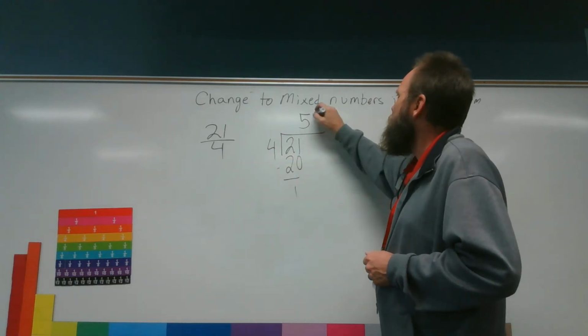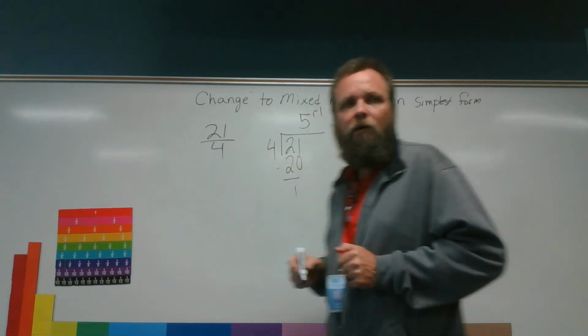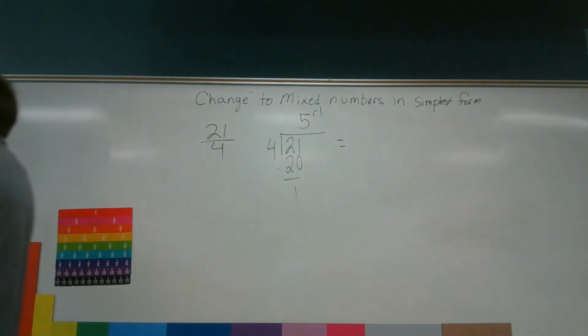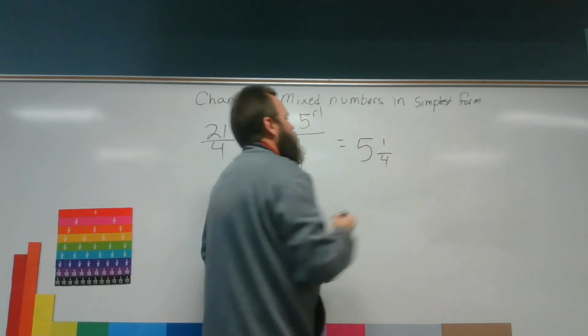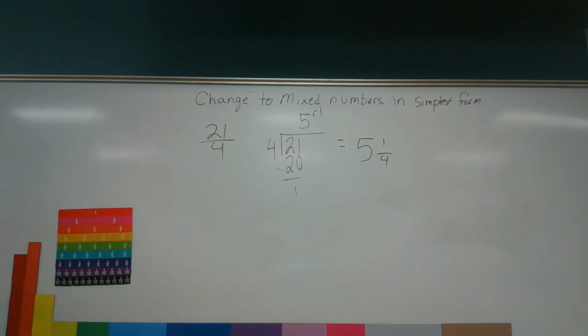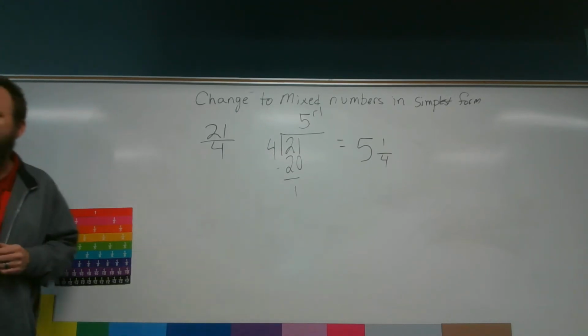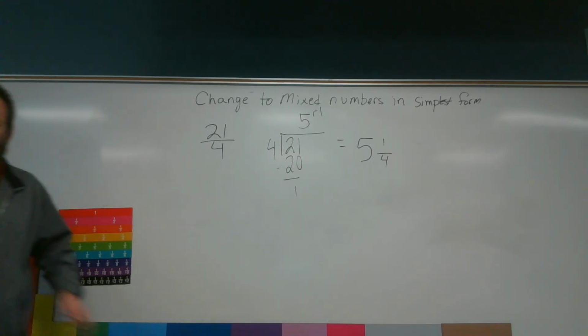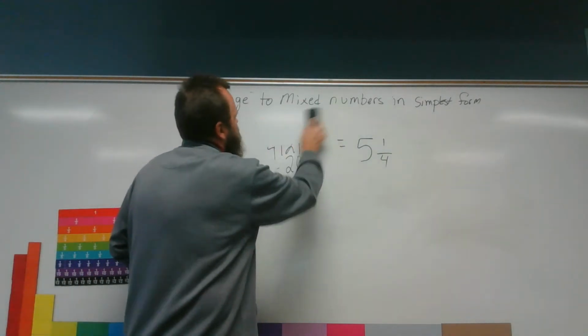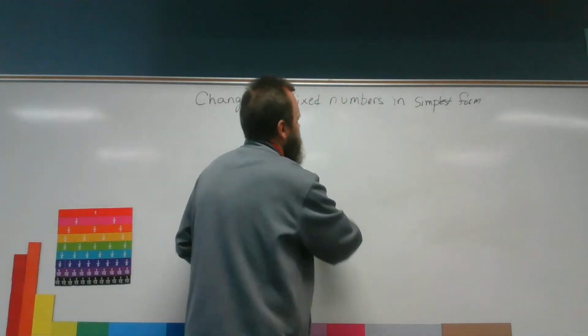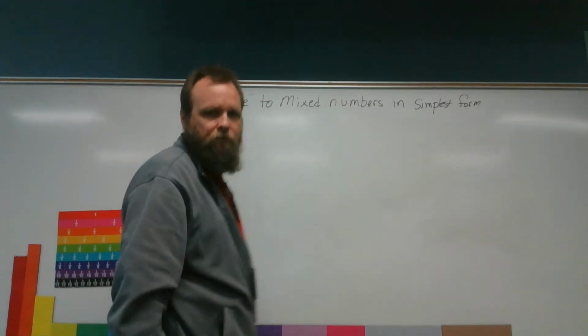We subtract, we get a remainder of 1, so 5 remainder 1, which is going to be what, Liam? It's going to be 5 and 1/4. And 1/4 can't be simplified because it has a numerator of 1, so I don't even have to list the factors. The last one can be, so if you have your remainder of 2/10, know that it can be simplified.